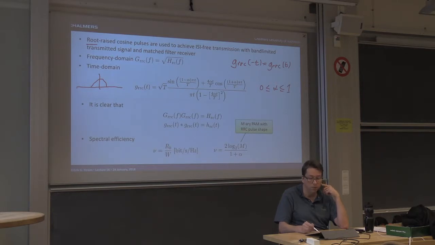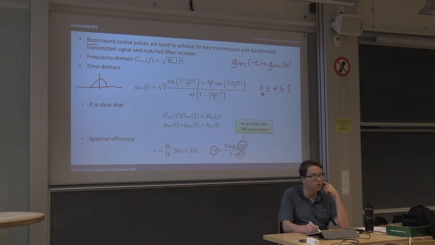But if we want to be explicit about what this really means, bits per second per hertz is a good thing. Okay. Now, if we use M-ary PAM with the root raised cosine pulse shape, then the spectral efficiency is twice log base 2 of M divided by 1 plus alpha. So if we want to have high spectral efficiency, there are two things we can do. We can reduce alpha, or we can increase M. Now, alpha cannot be less than 0, so that's the smallest we can make it.